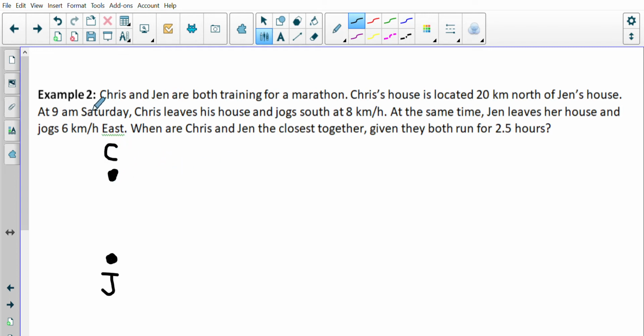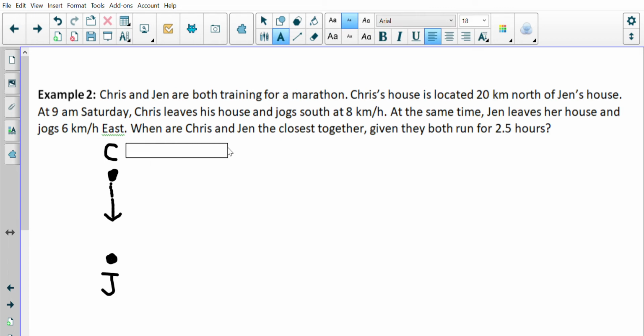All right, now at 9 a.m. Saturday, Chris leaves his house and jogs south at 8 kilometers an hour. All right, so I'm just going to put a little dotted arrow there. So Chris is jogging south, I'll put beside his name here, Chris goes at 8 kilometers an hour.